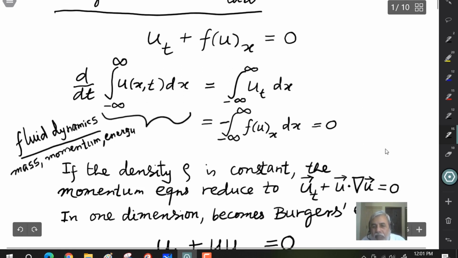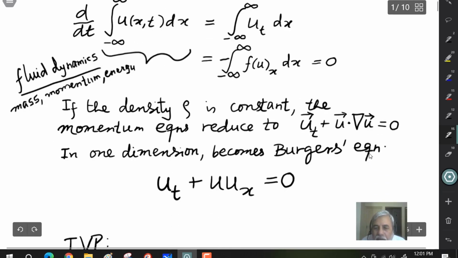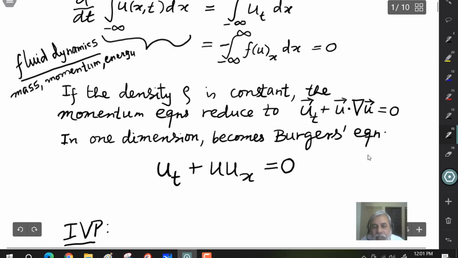In fact, many things are still not complete as far as systems of conservation laws are concerned. And this has remained, along with the Hamilton-Jacobi equation, an active research area for many years, and it continues to be one.